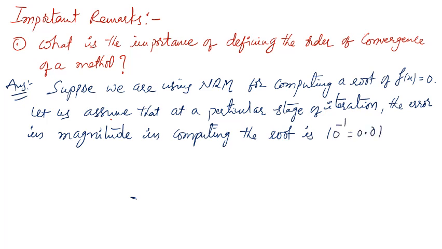Error is what? 0.01. That means exact root minus approximate root, the difference is 0.01.